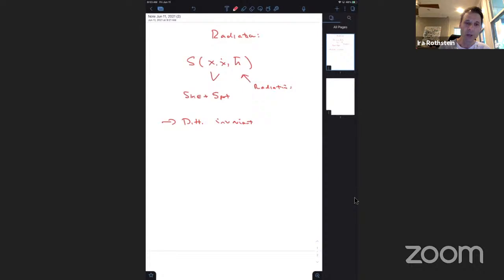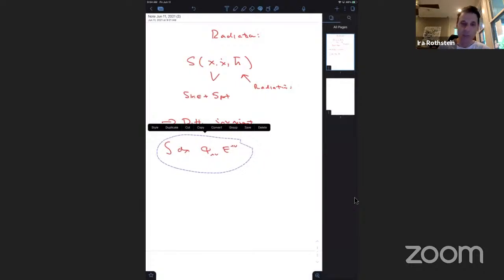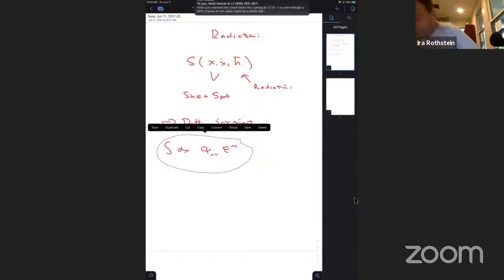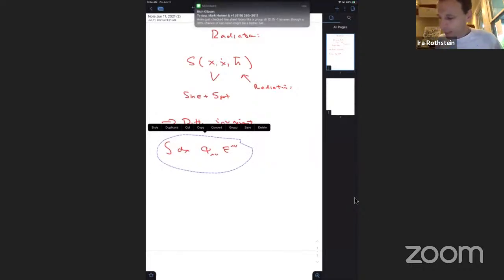Okay, so we can write down terms like this, for instance. Notice, of course, the system will contain terms which are linear in the metric, because it's no longer a point particle.